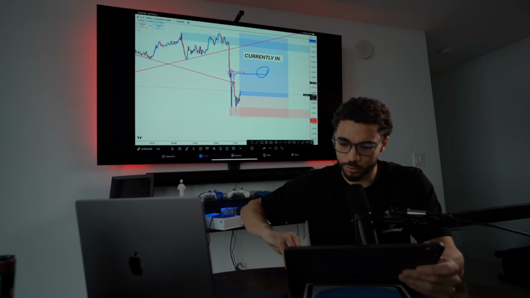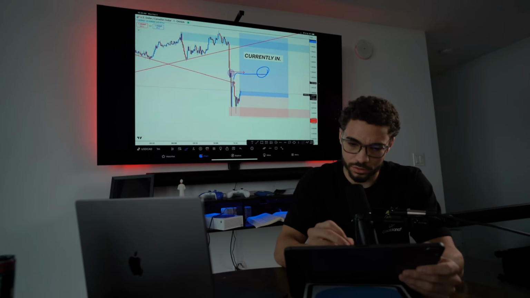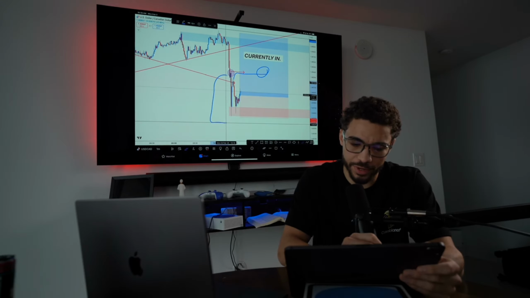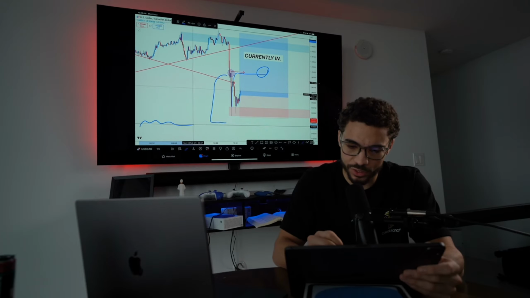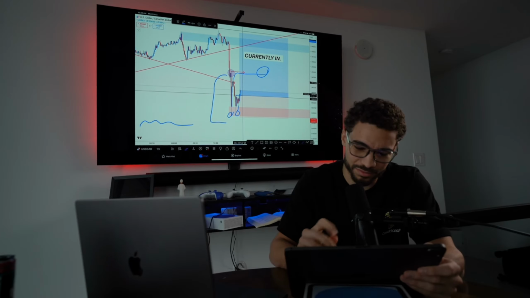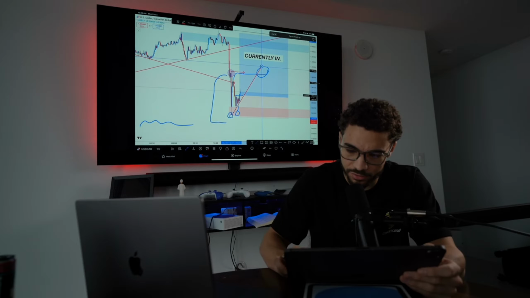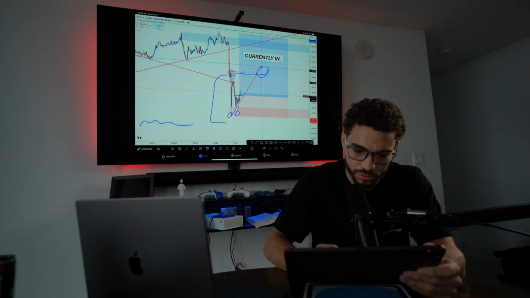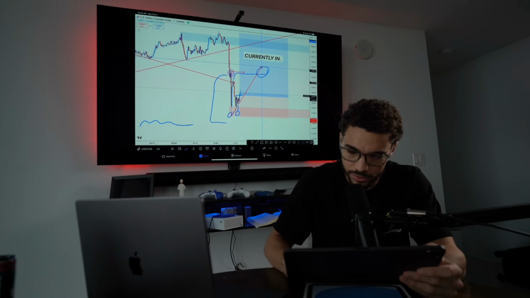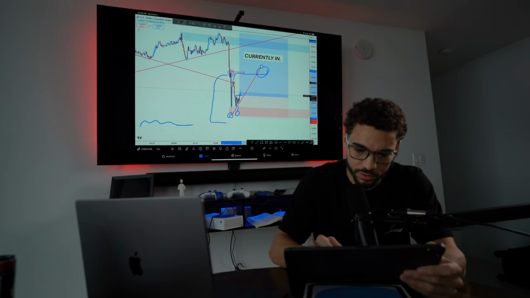I really like how price tanked, filled in the market gap that we had to the left, respected the lows over here, and then kind of gave a little bit of a fake breaker structure, I would call it. Let me erase some of this stuff off real quick.